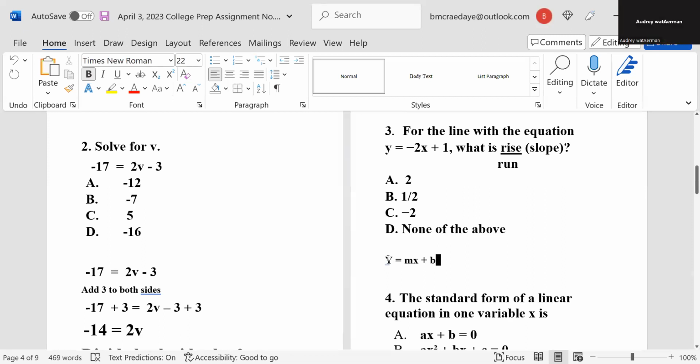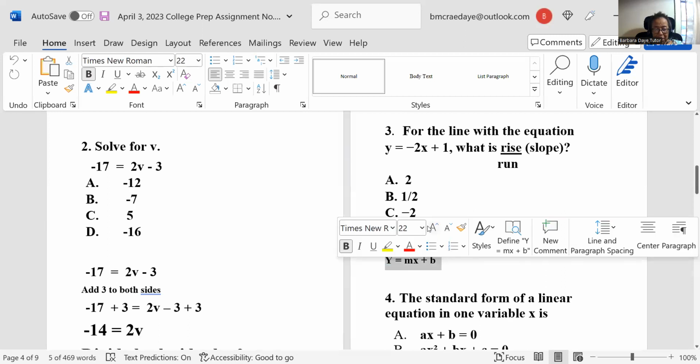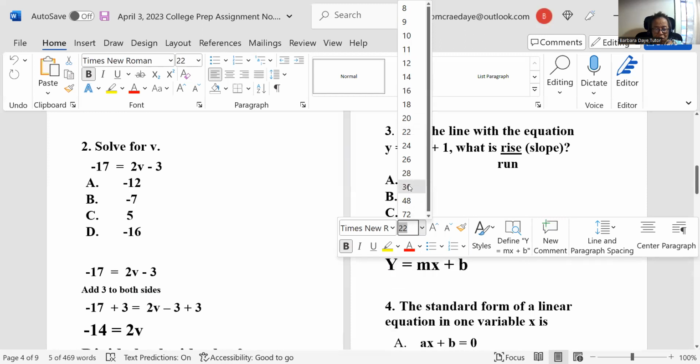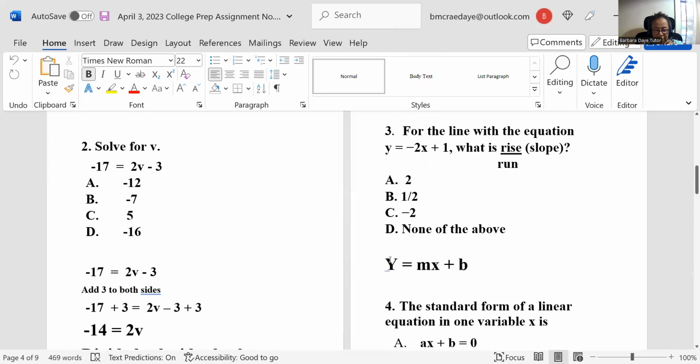The m is the slope, so the coefficient of x is the slope, and slope is rise over run. So if you have an equation in this slope intercept format, then whatever the coefficient of the x is, that's the slope.